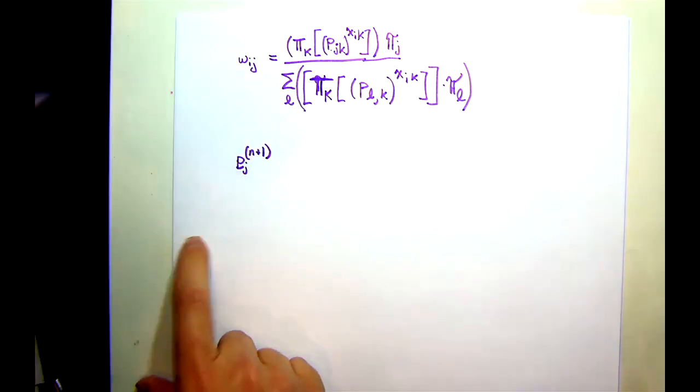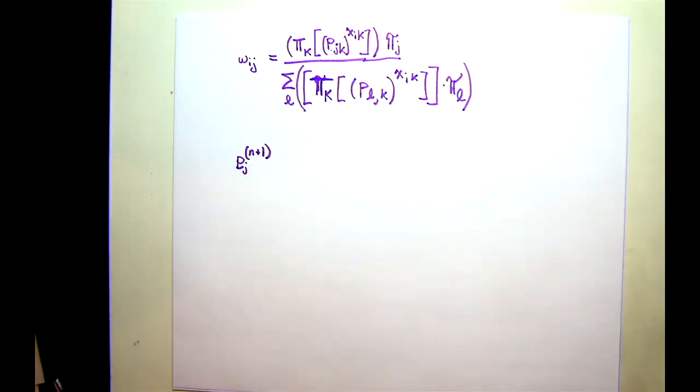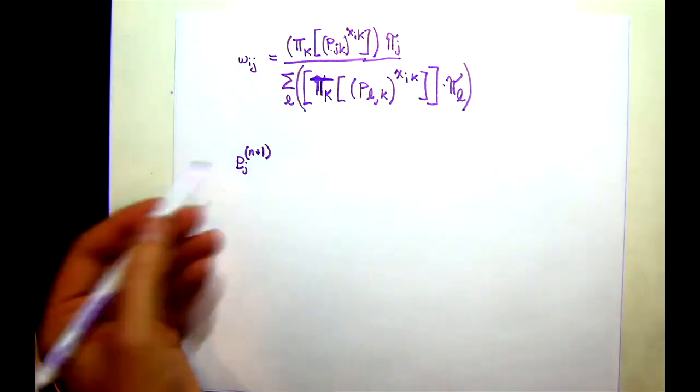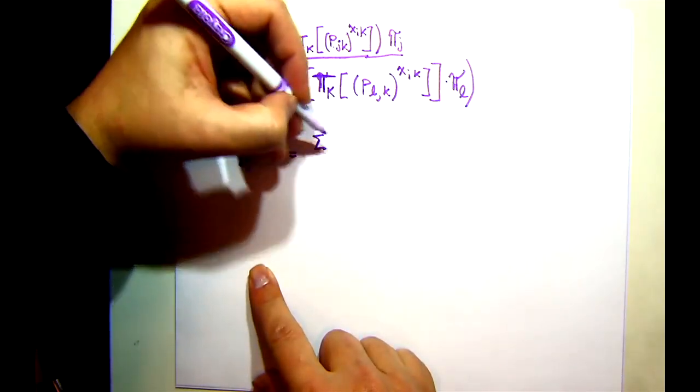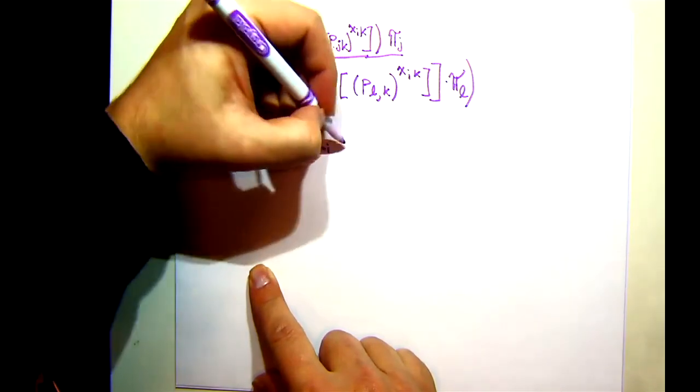And then, because we're using EM, we're going to be doing an iterative approach where we have some initial theta at time n, and we're going to come up with a new theta at time n plus 1. So a new theta means that we're going to have a new p for each of the clusters. This is a fairly simple one.